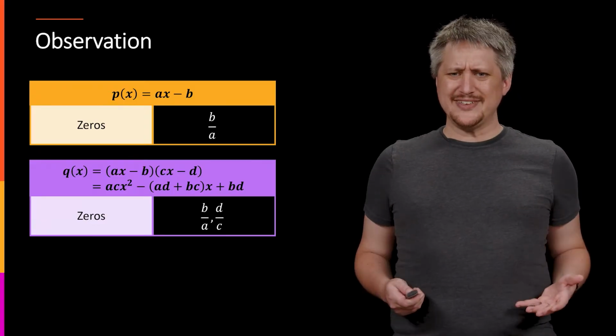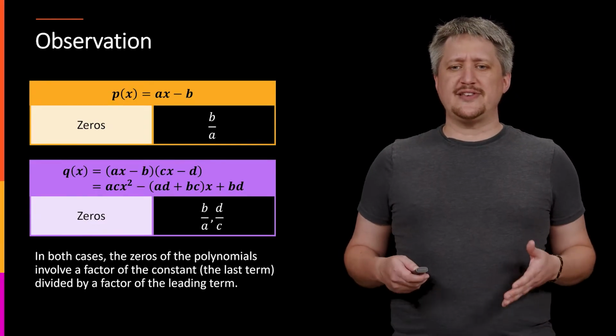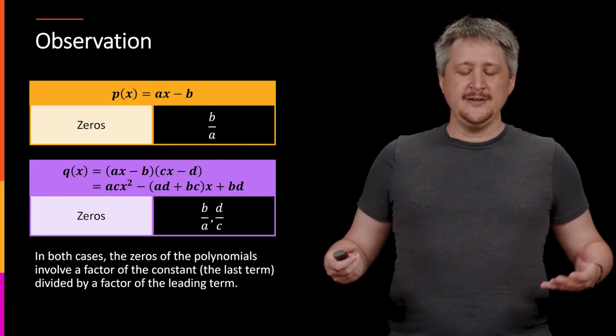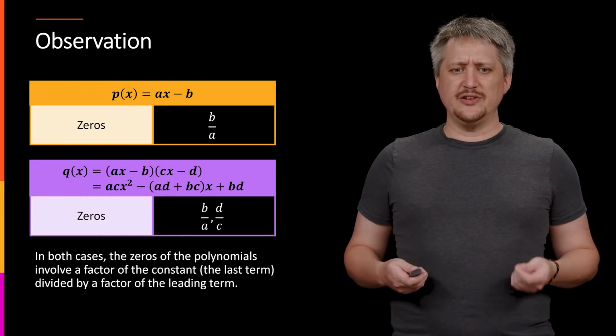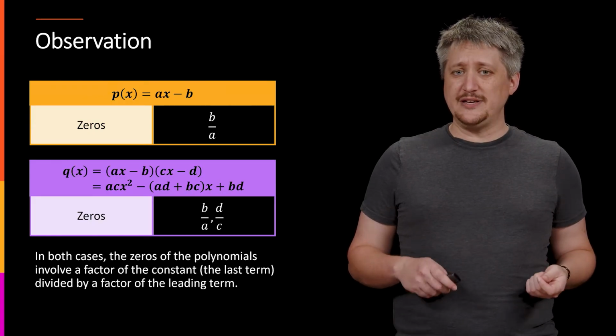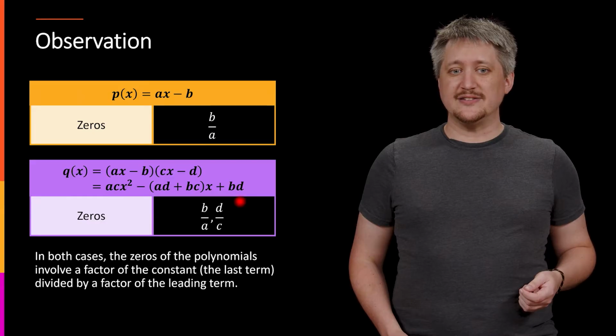Well, the observation that is nice to make here is that in both of these cases, and in fact this will generalize very nicely, the zeros of these polynomials have a relationship where it involves one of the factors of the constant piece, so b in the case of my first one, or b times d in the second one.